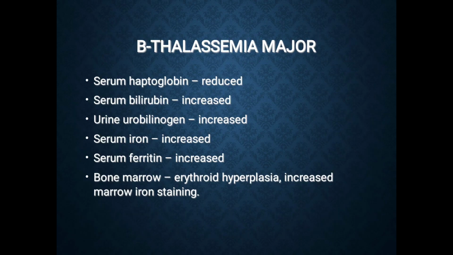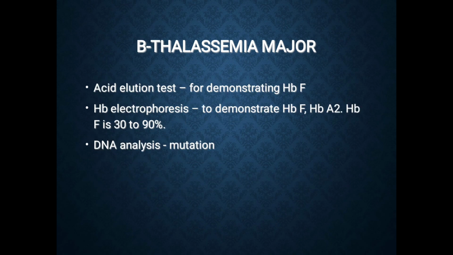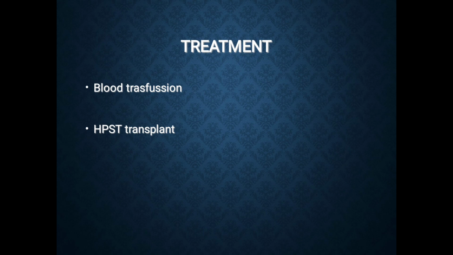These are the lab features in beta thalassemia major: reduced serum haptoglobin, increased bilirubin, increased urobilinogen, increased iron levels and increased ferritin levels. The acid elution test will show increased HbF levels, and hemoglobin electrophoresis also aids in diagnosis, demonstrating HbF and HbA2 at a higher percentage. Treatment is commonly blood transfusion and hematopoietic stem cell transplant.